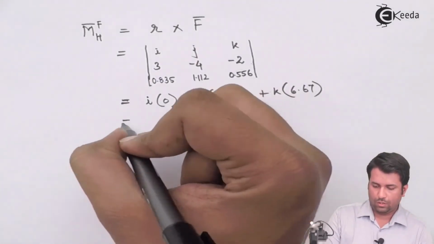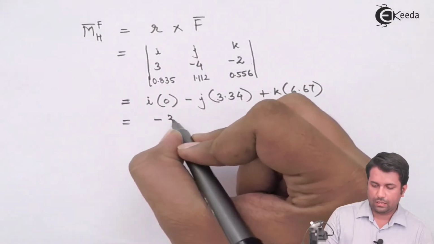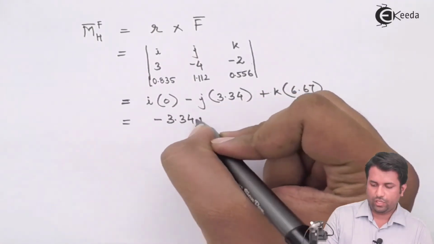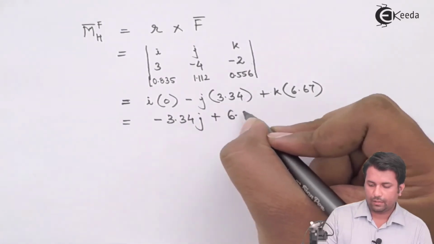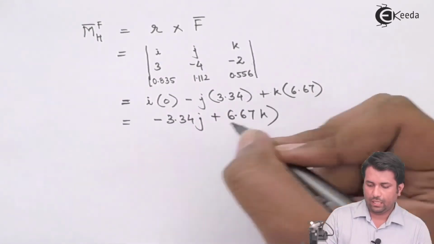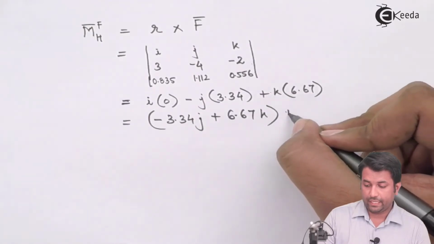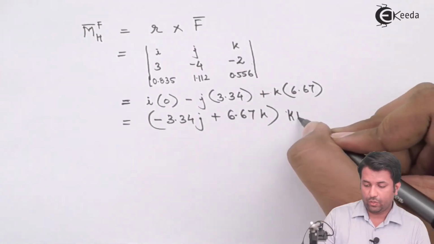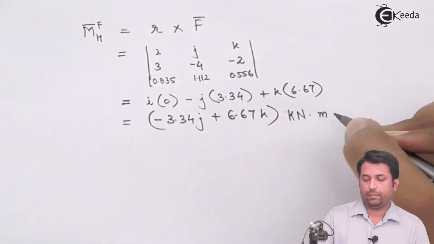Okay, so this is nothing but 3.34 j plus 6.67 k. Since I have taken the moment, it should be kilonewton meters.